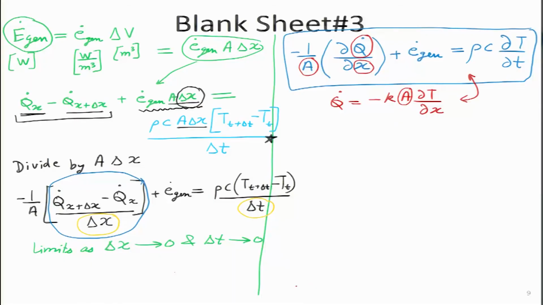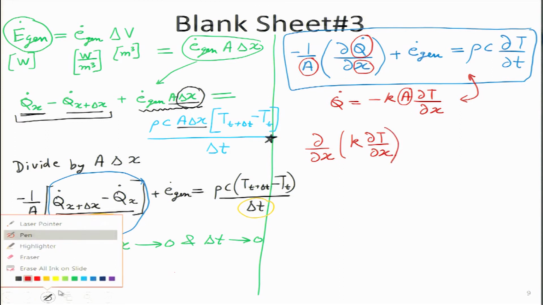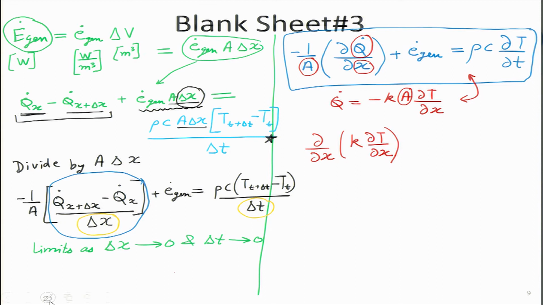So, let me write what will happen over here. It will just remain this operator over here, del by del x, and instead of q dot, what will be inside? It will be k del T by del x, which let me highlight so that it becomes a little bit clear. Let me pick another color, maybe light blue.